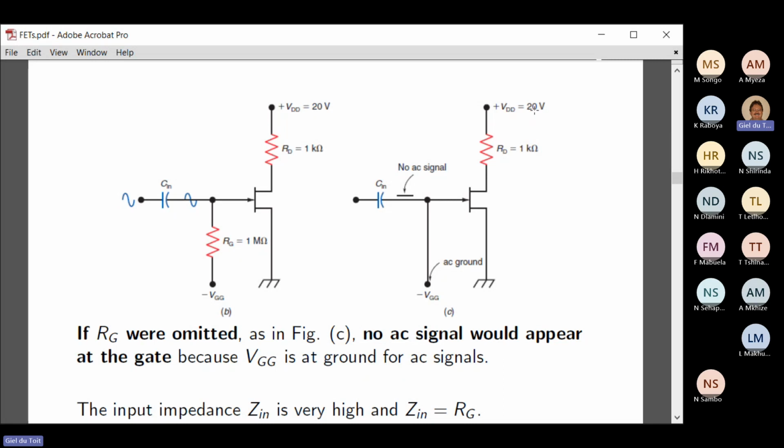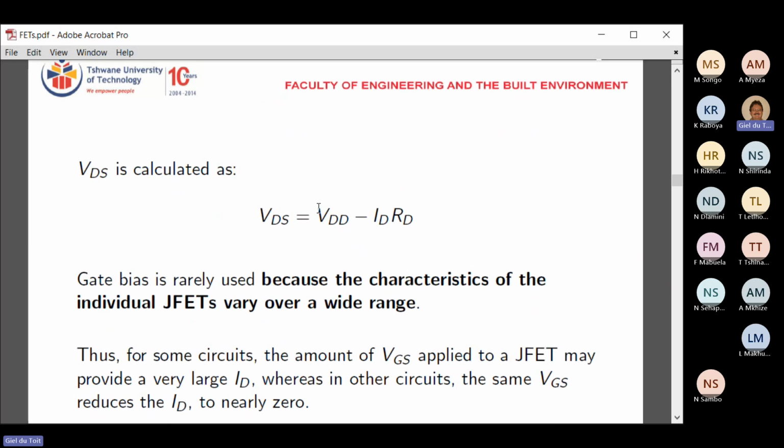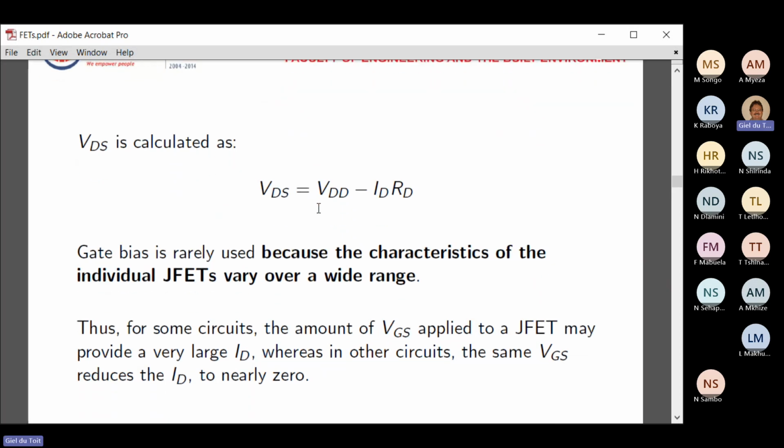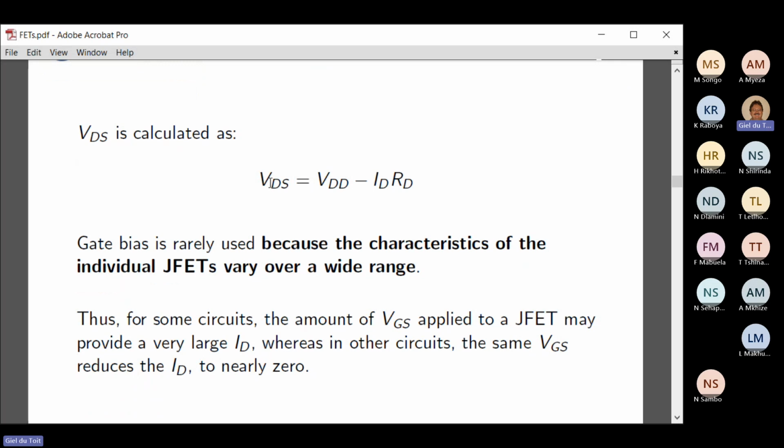So if the supply voltage is 20 volt, and this is 5 volt over this resistor, then this voltage here will be 15 volt. Guys, is that clear? Any questions on that? You can ask while I'm talking. And therefore my formula for the voltage on the drain source is the power supply voltage minus the voltage of that resistor on top that I showed now.